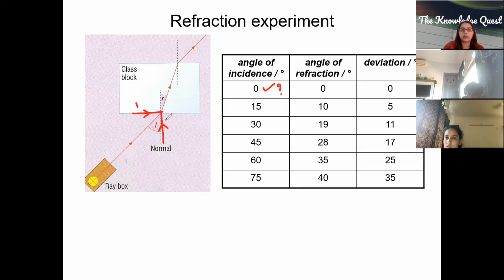I'll name it. 1 or 2? 2. Why 2? Because it's going straight from one medium to the other. Because you always measure the angle from the normal, और normal से वो 0 है because it is on the normal. So the angle between the normal and that ray is 0 because that ray is on the normal. Many children get this wrong because they get confused and think it is this one. It's never this one.